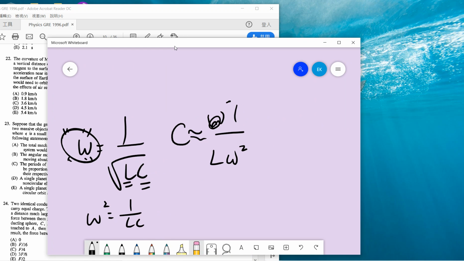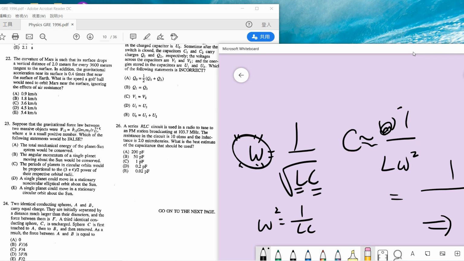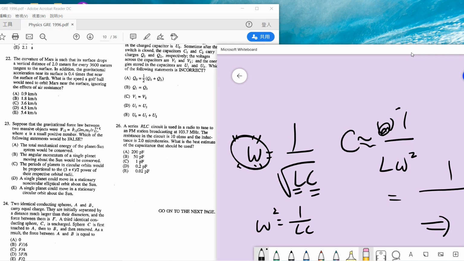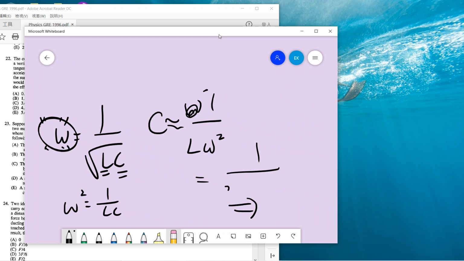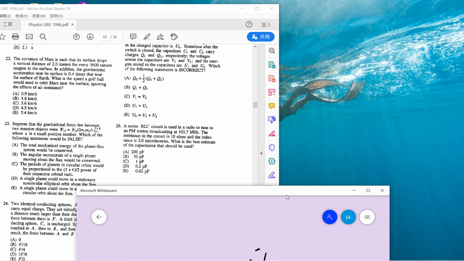So we can compute it. What's L? L is in microhenries, so 10 to the negative 6. Remember the frequency you need to multiply by 2 pi.